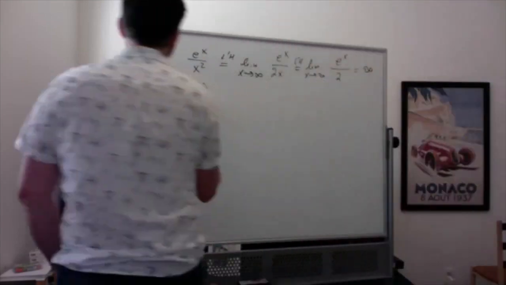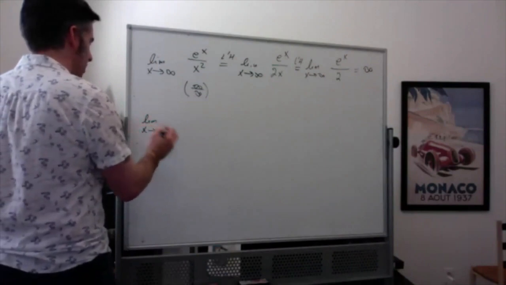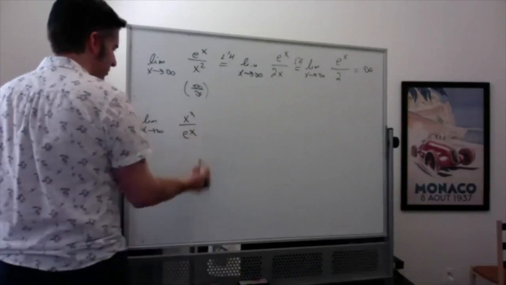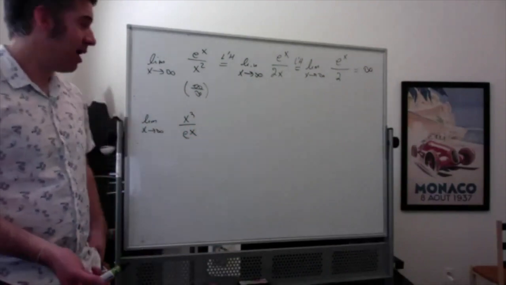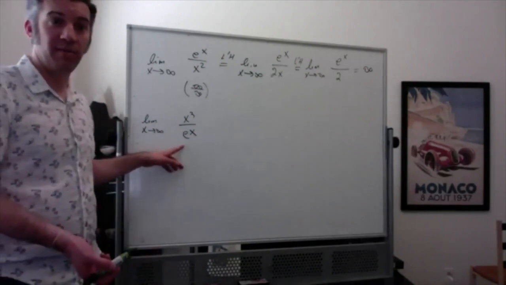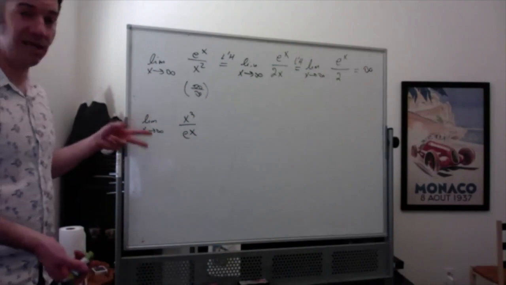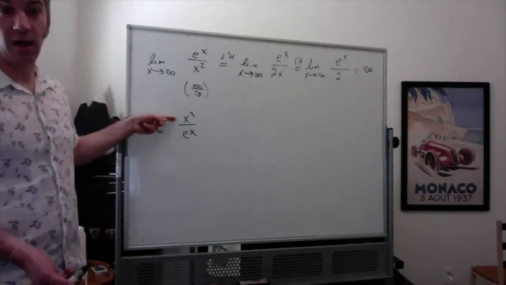If I was going to, in the same sort of way, ask, what's the limit as x goes to infinity of, say, x cubed over e to the x, I'm pretty sure I know what's going to happen here. I know that e to the x is a way bigger thing eventually than x cubed. If I keep taking the derivative of the top, eventually the derivative of this polynomial is going to be a constant.